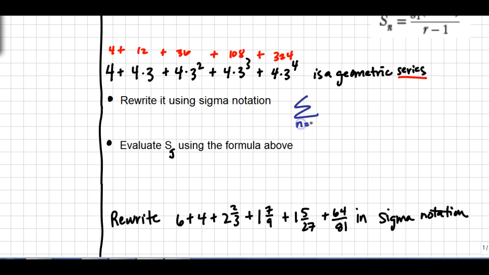So we need to pick a variable, usually n or x works well. We're starting with the first term, and then we need to know what term to stop at. So let's count how many terms we have in this case. 1, 2, 3, 4, 5 terms. So the 5 needs to be on top of your sigma.